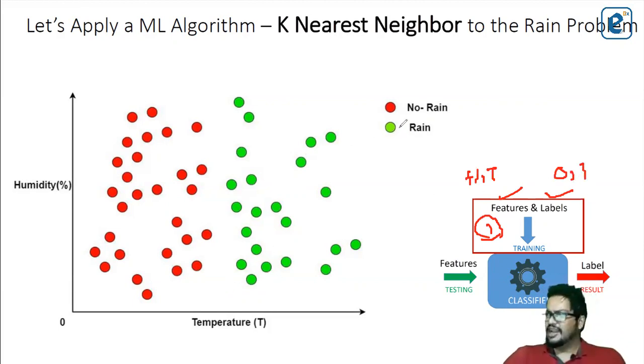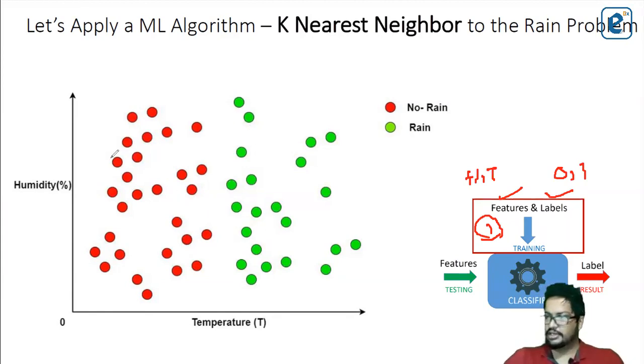So in the training, actually nothing happens in the k nearest neighbor algorithm. Nothing happens in the k nearest neighbor algorithm. It's like we are going to plot it in this kind of a graph. Let's say it's like just loading this data, right?